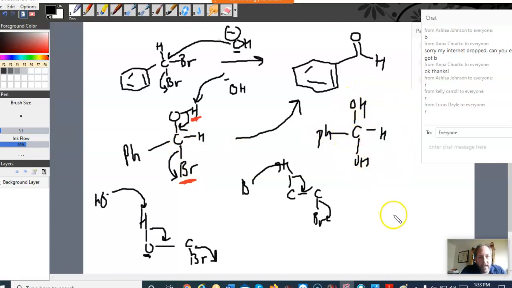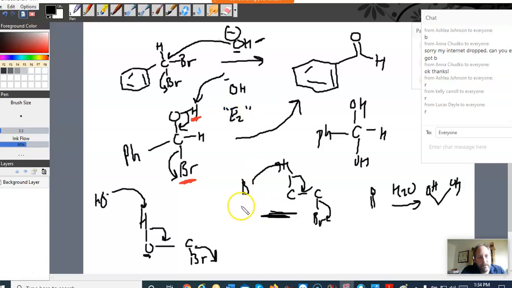Remember from the hemiacetal, acetal, if you take a carbonyl and you add water to it, you get the dihydrate. So if you went that way, you would need acid in order to break this down. But we aren't in an acidic environment. We're in a hydroxide environment. So in this case, you're doing kind of like an E2 elimination. This is E2 like how I talked about over here.